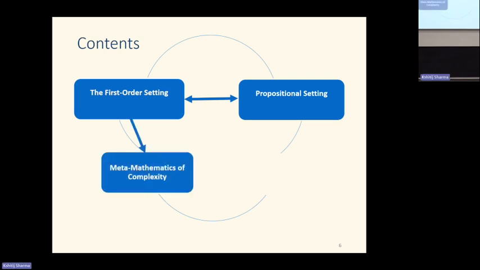The first order setting also leads to questions about the mathematics of complexity itself, namely whether we can prove, and in which proof system we can or cannot prove, basic fundamental questions in the theory of computational complexity.